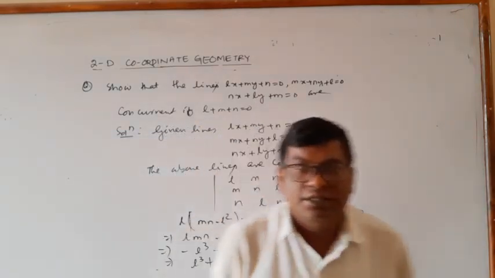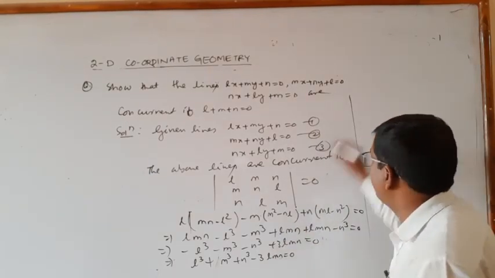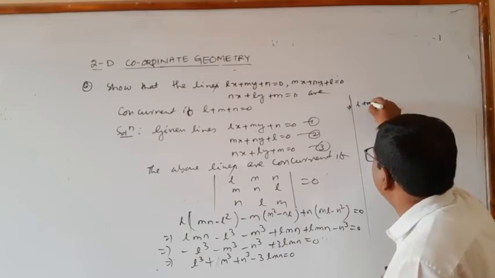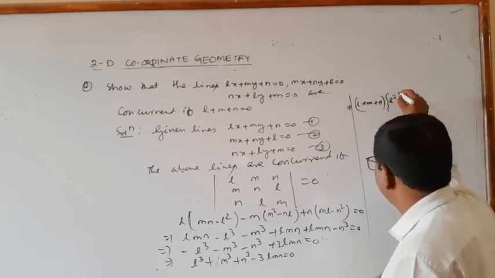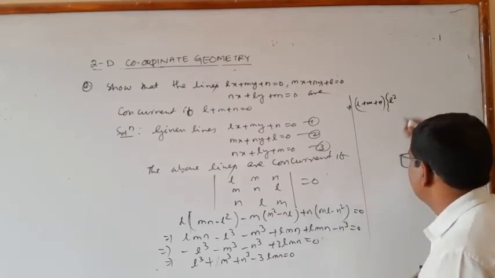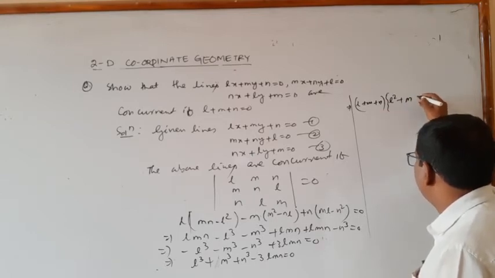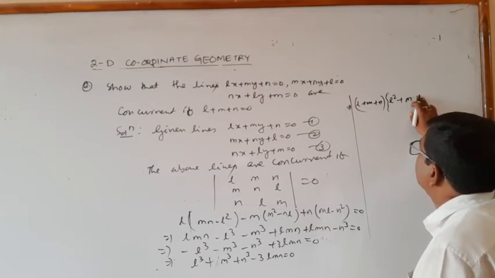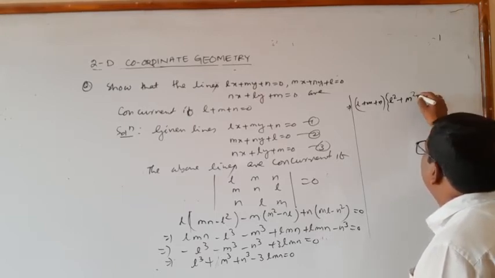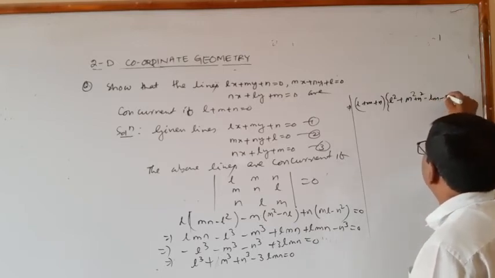Now this is the formula: L plus M plus N into L square plus M square plus N square minus LM minus MN minus NL equal to 0.